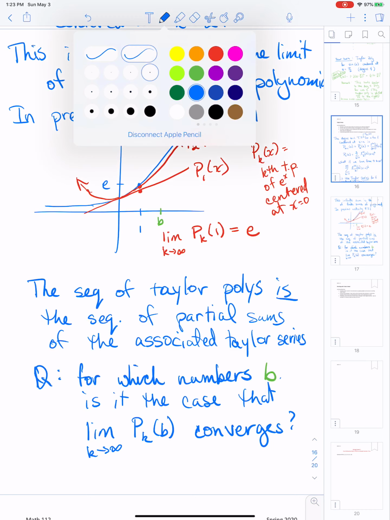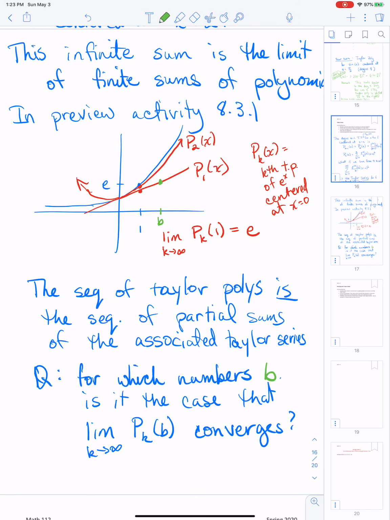Pictorially, what we're saying is, if I take the set of red approximating Taylor polynomials, for which points is it the case that the green points will actually converge? And of course, if they converge, we would like those to converge to the original function. But we're going to first just ask the question, when do they converge? And the answer is actually kind of interesting.